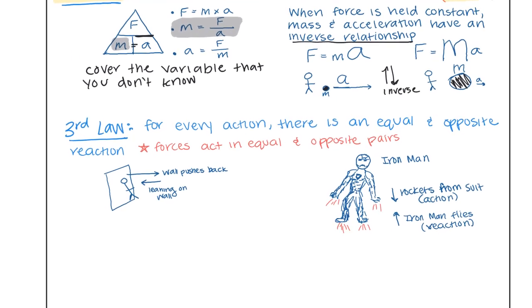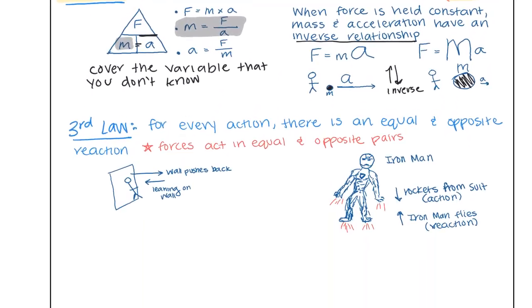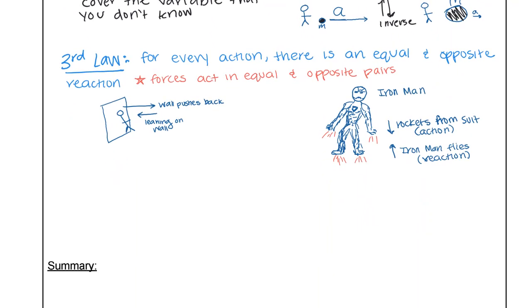All right. The last law we will go over today is Newton's third law of motion. And I love this law because it rhymes and it's super easy to remember. For every action, there is an equal and opposite reaction. So what this law is saying is that forces act in equal and opposite pairs. So let's think back to, for example, our table, right?